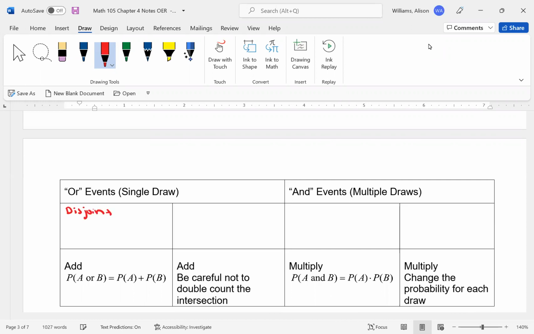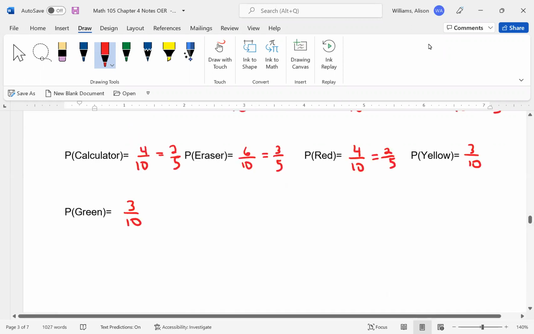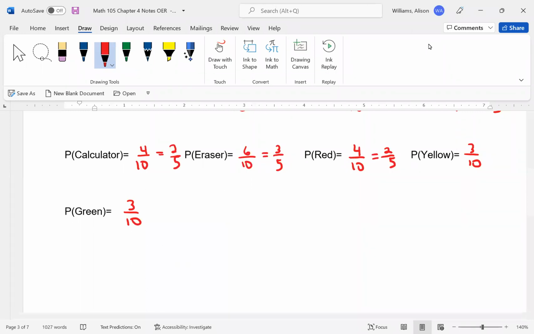What that means is that they have nothing in common, or no overlap. So up here, 2 categories that have no overlap would be a green object and a yellow object, because we're not going to have an object that's both. It's either yellow or green.